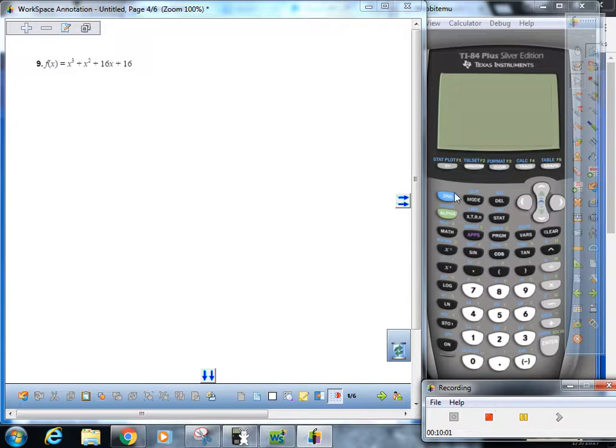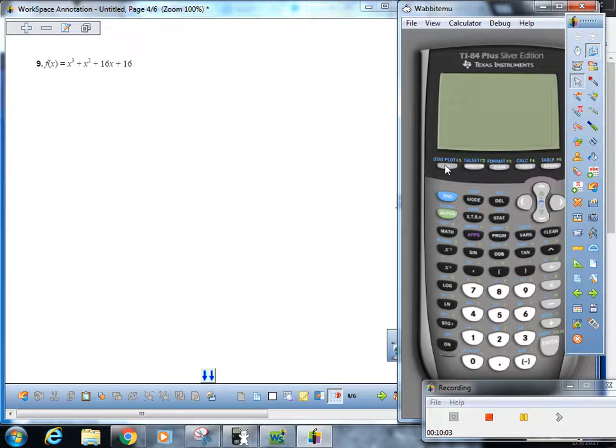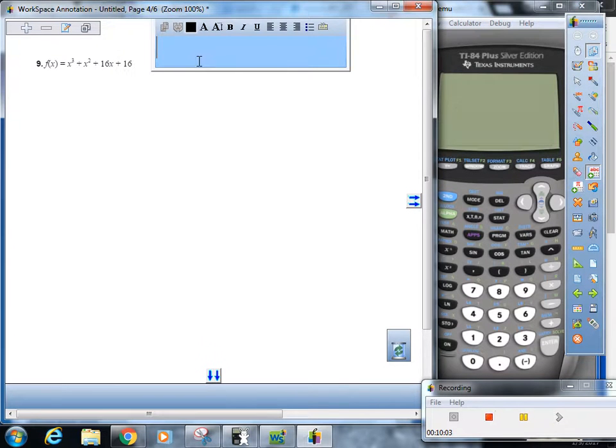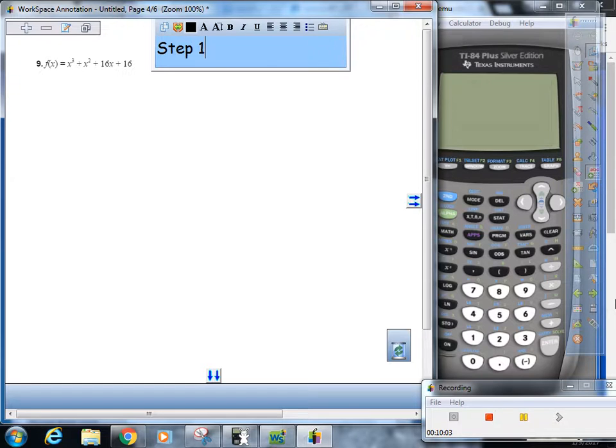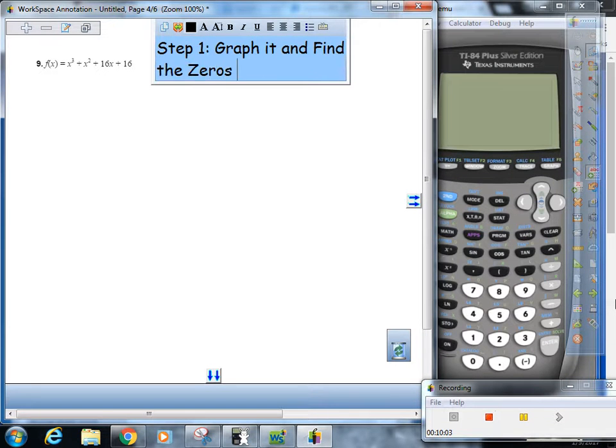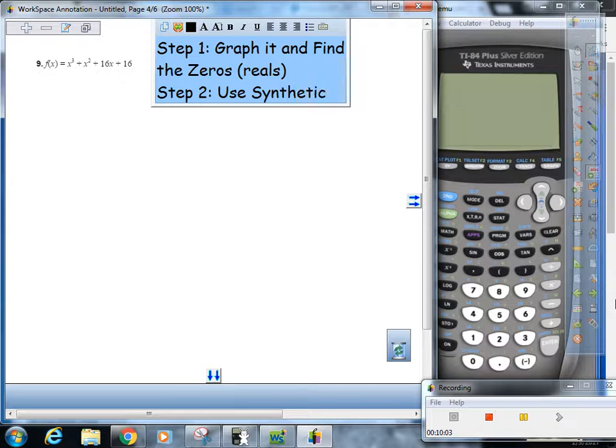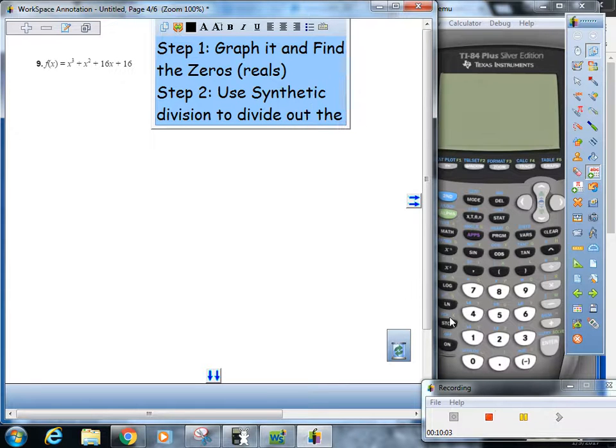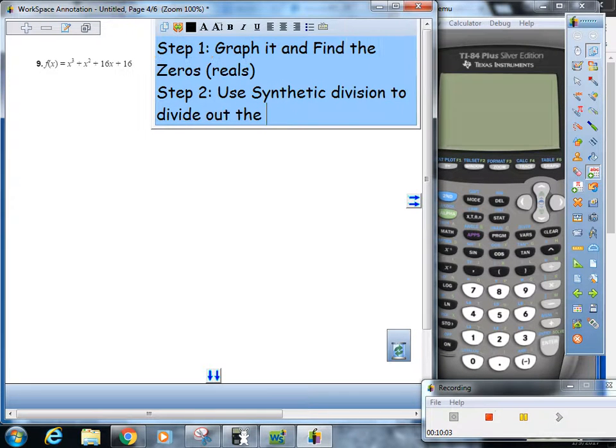Let me now do that same thing over again for number 9. Let me repeat this process, but I'm going to give you some steps. So what do we do? Step 1, graph it and find the zeros. These are your reals. Step 2, use synthetic division to divide out the real zeros.